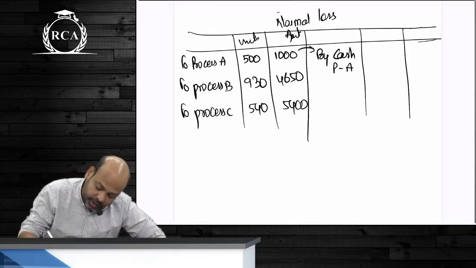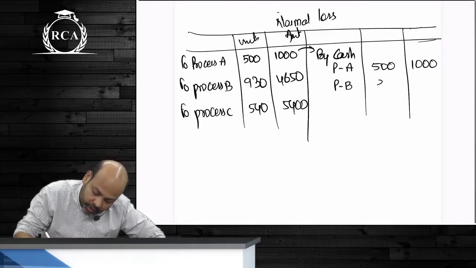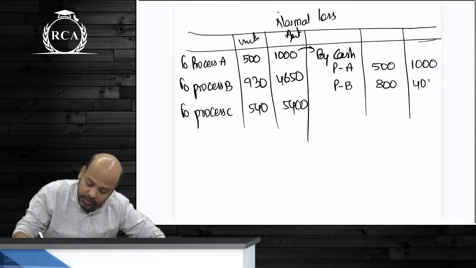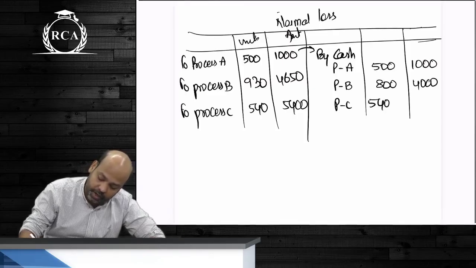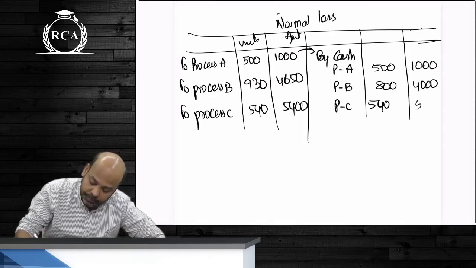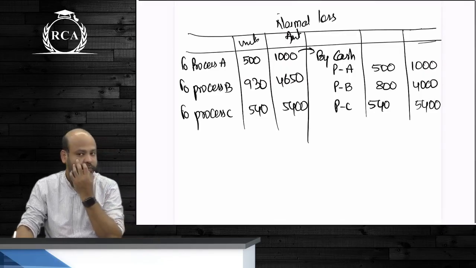Okay? So when we write by cash guys, against process A, I will get entire 500 units valued at 1,000. Against process B, I will only get 800 units valued at 5 rupees, matlab 4,000. Against process C, I will get entire 540, 5,400. Why is process B not coming in full guys?